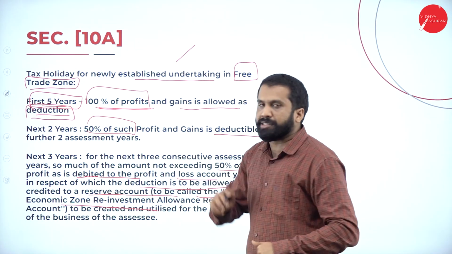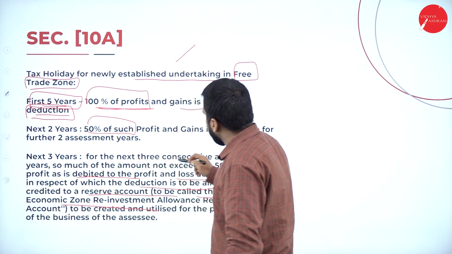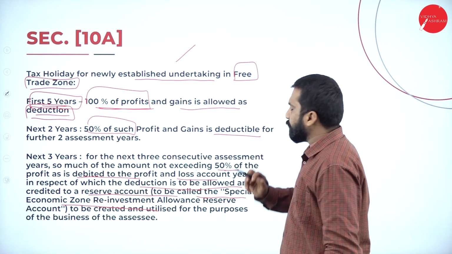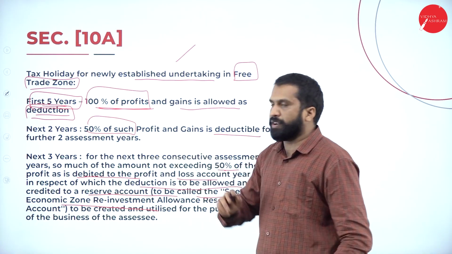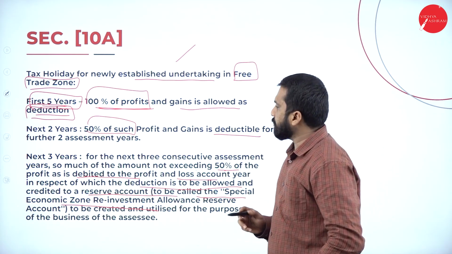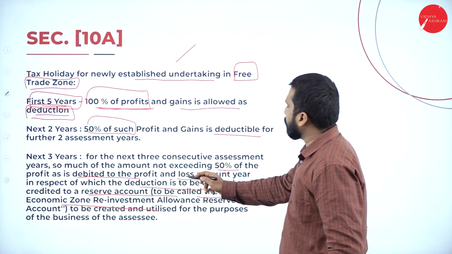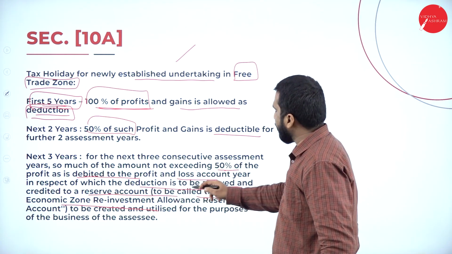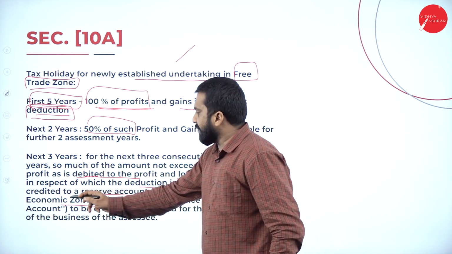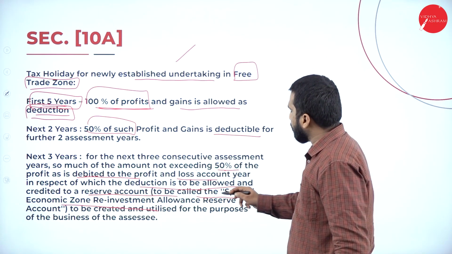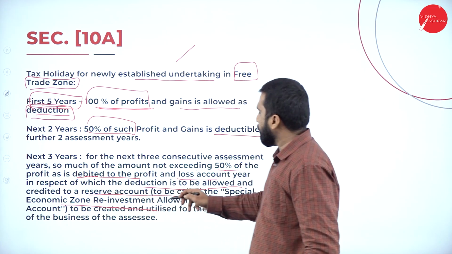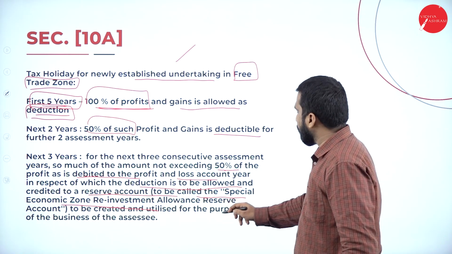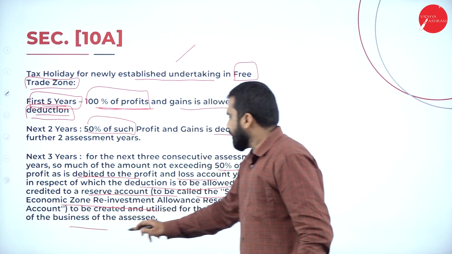Then, last 3 years, for the next 3 consecutive assessment years, so much of amount not exceeding 50% of the profit is debited to profit and loss account of the year in respect of which the deduction is to be allowed and credited to a reserve account to be called the special economic zone reinvestment allowance reserve, to be created and utilized for the purpose of business of the assets.